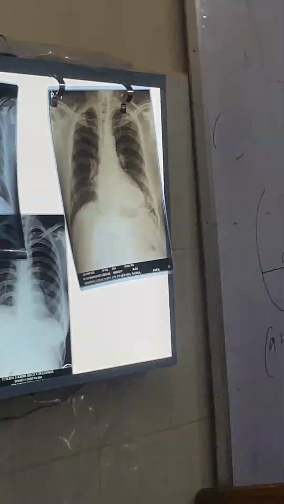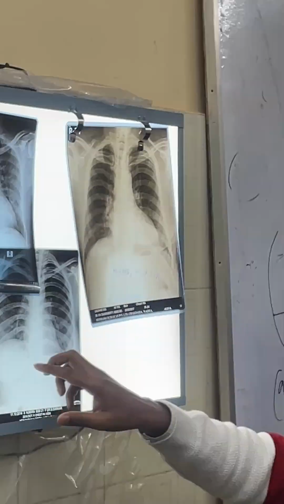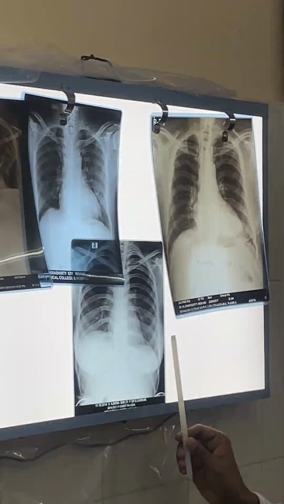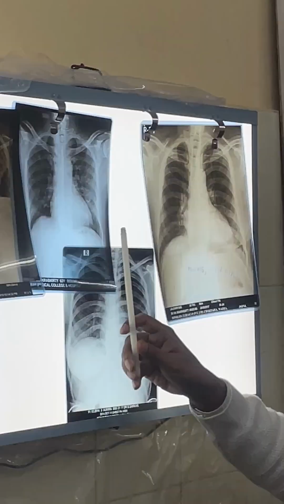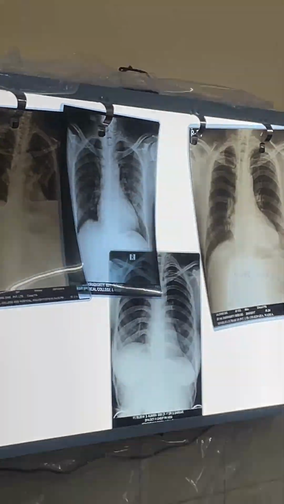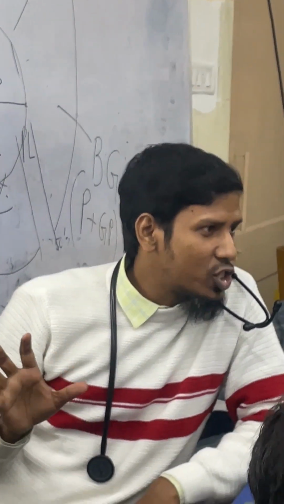Just to compare, this is the half of the thorax. This part is less than half of the thorax. This part is also more or less the same, but this part is definitely more than half of the thorax. So this is the size of the heart.